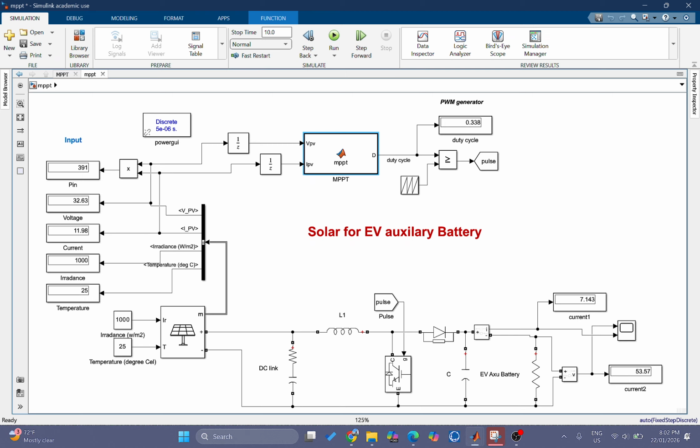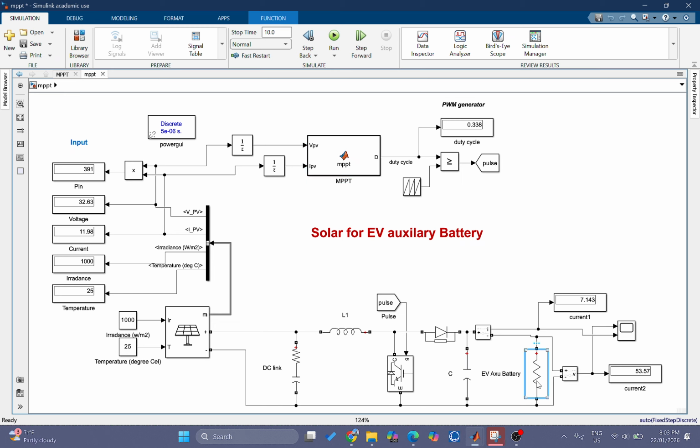Why do we use the boost converter? The boost converter is used because the PV voltage generated is just 32.63 volt, and what we require at the output is 48 to 54 volt.